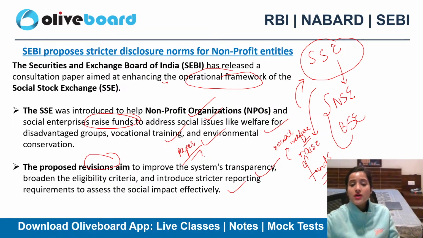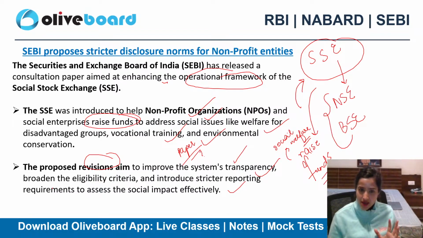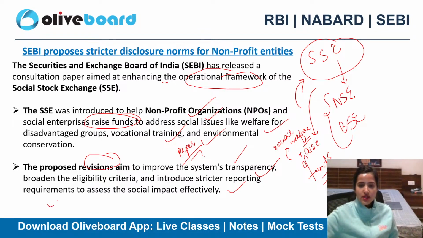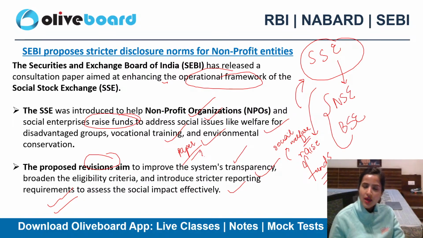To improve systems transparency, to increase the eligibility criteria, and introduce stricter reporting requirements. Right? So this is why the revisions have been made. So what is the news about? That SEBI has released a consultation paper. Regarding what? Regarding your revisions related to the social stock exchange transparency, eligibility criteria, etc.